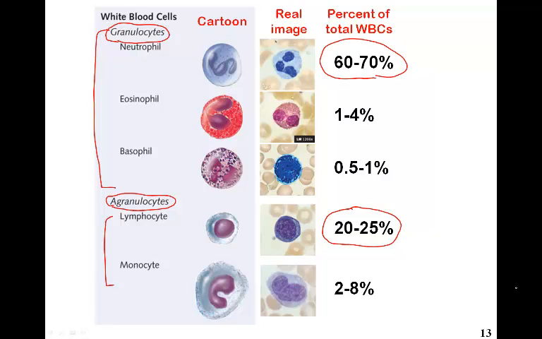So one of the main ways lymphocytes do that is that they release signaling molecules that then go out and basically tell all the other immune cells what to do. And the main type of signaling molecule that they release is what's called antibodies.